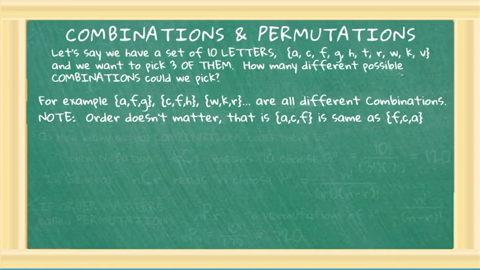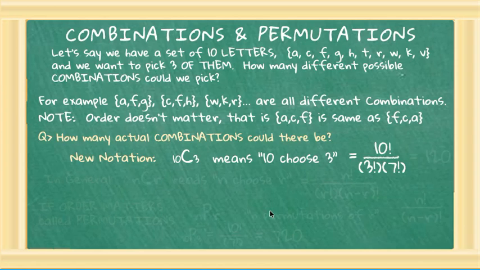Those are combinations. And here's how we're going to calculate how many possible combinations there could be. Again, we're going to use the factorial that we've learned. Here's how we write the notation for combinations. If I have 10 items and I want to pick combinations of 3, or groups of 3, I would write it like this: the small 10, a capital C, and then the small 3.